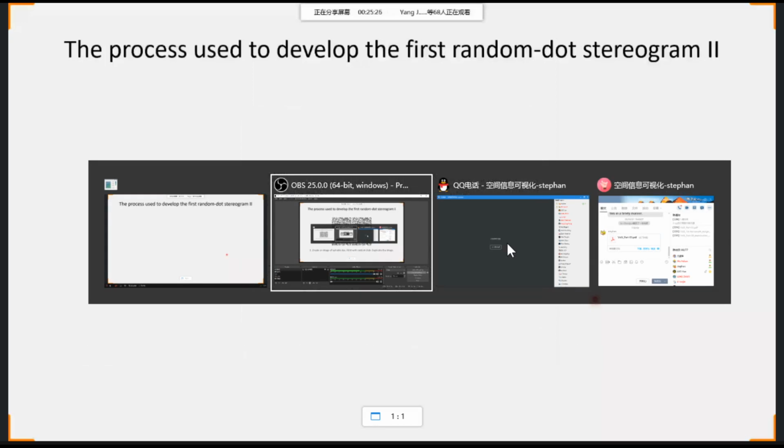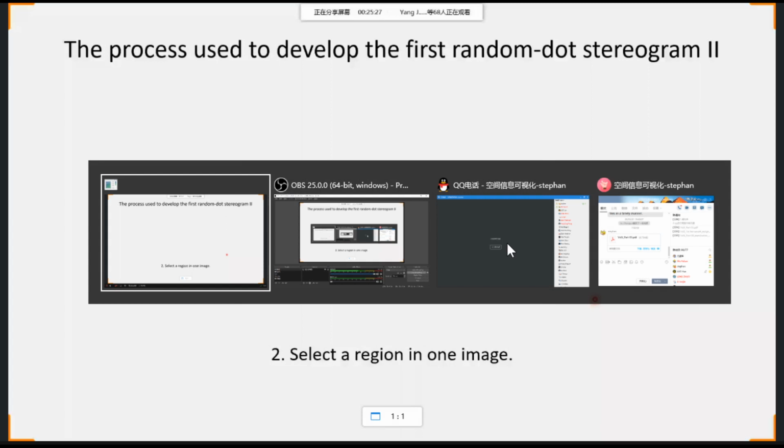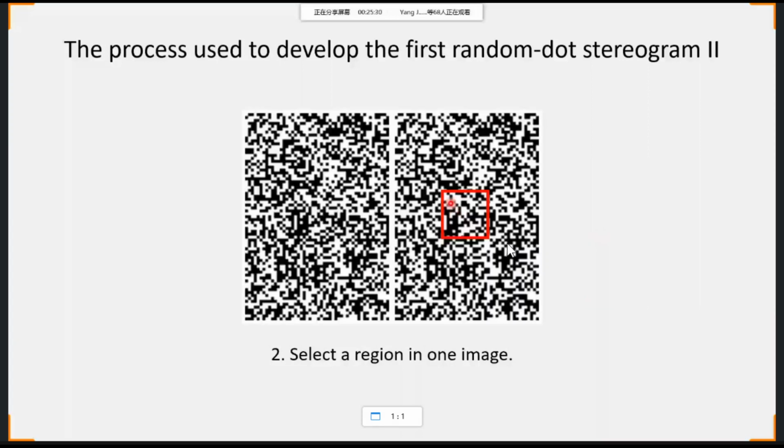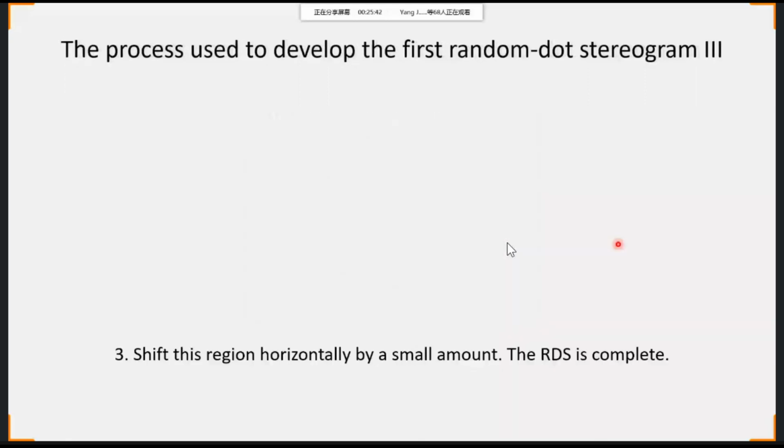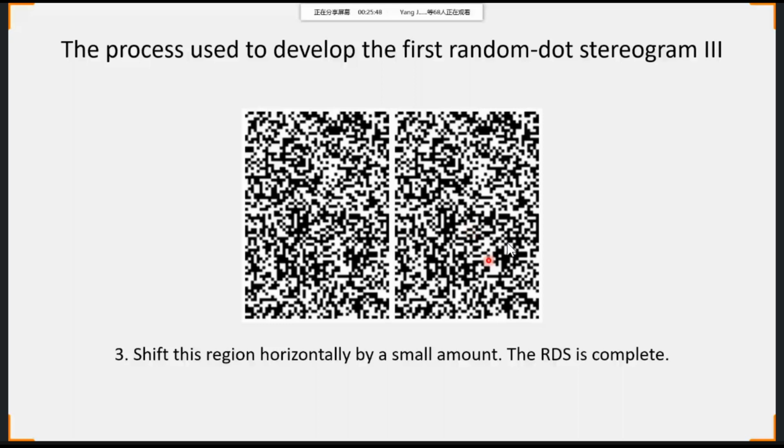Then, the second step, you select a region in one image. For example, this square. This region of the original image. And then, after you have selected that, you simply move it horizontally by a small amount. In this case, it's just one of these pixels.